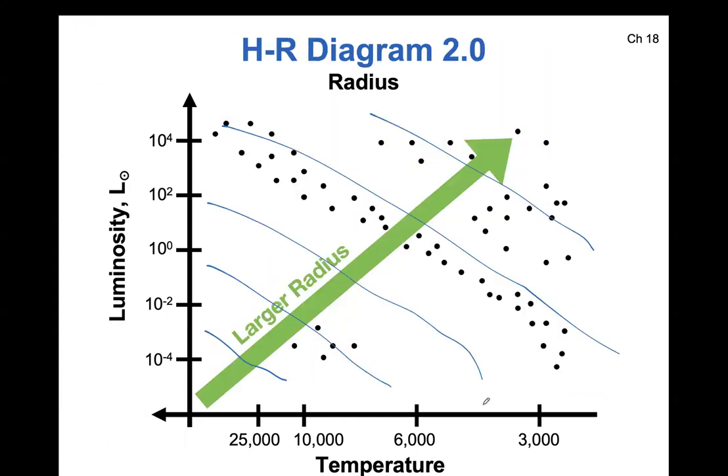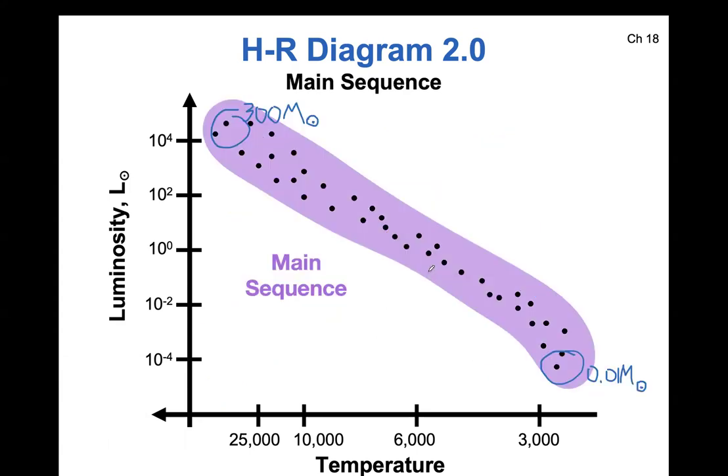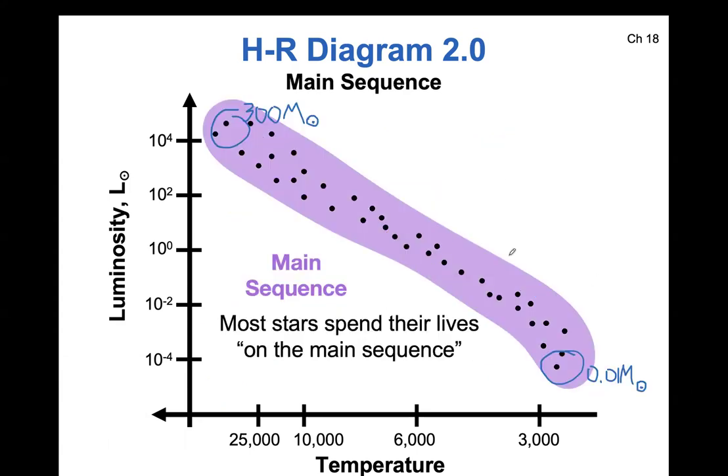There, the larger radius applied to all types of stars, not just main sequence. And that's absolutely true, no exceptions. This relationship between mass and luminosity and temperature, because that's what this is, this is taking the three variables and relating them, well, it only applies to main sequence stars.